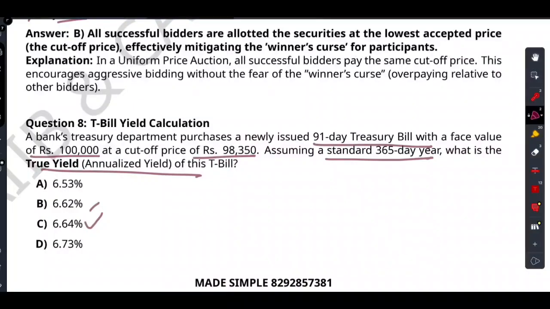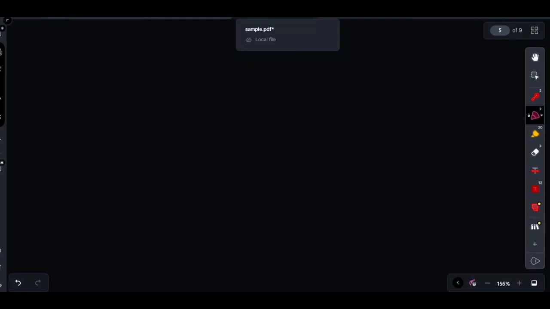To avoid the biggest trap in the calculation, remember the phrase: the true yield uses true out of pocket. When you calculate your percentage, never divide by the 1 lakh you have not received yet. Always divide by the true out of pocket cash that you spent today, which is 98350. Most of the time the mistake is dividing by 1 lakh.